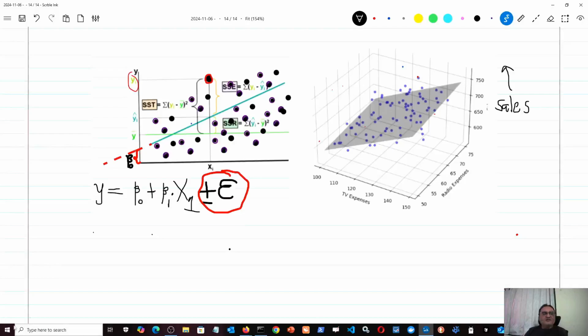Now this y equals beta 0 plus beta 1 into x1 is itself called the ordinary least square regression model.